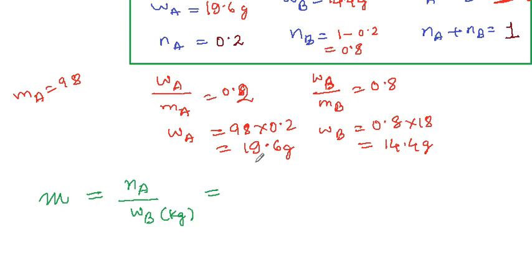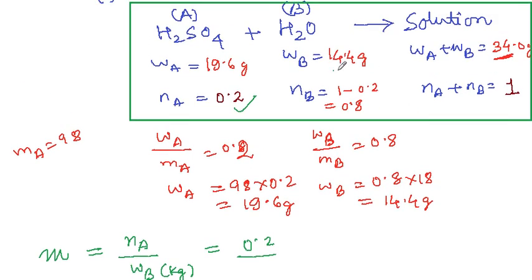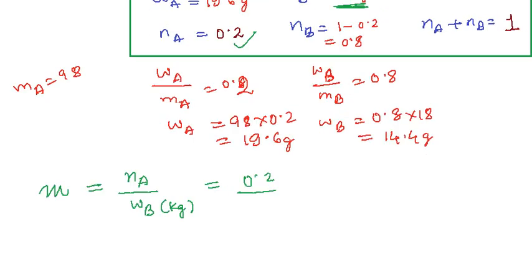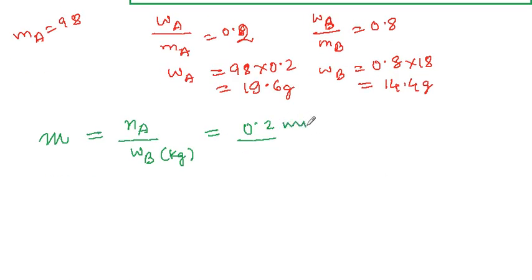Okay, so the number of moles of solute that we have is 0.2. The weight of the solvent is 14.4 gram. Since we want our mass of the solvent in terms of kg, we're going to convert this gram into kg by dividing it by 1000.